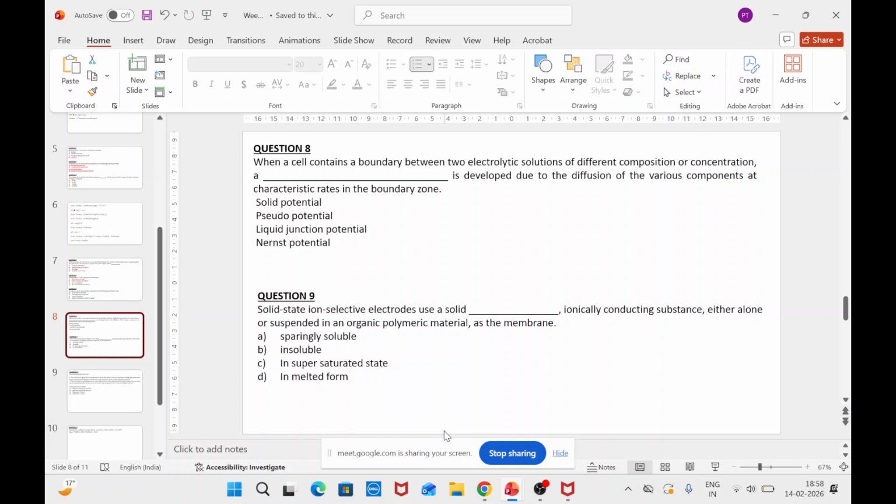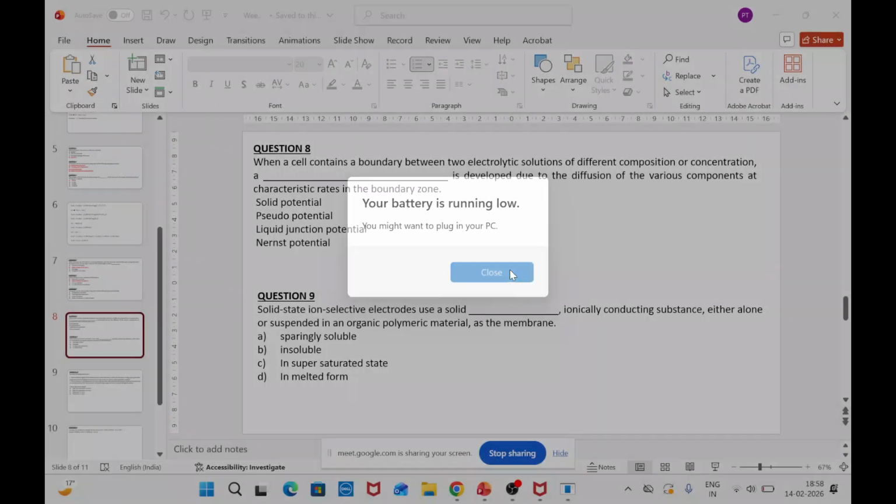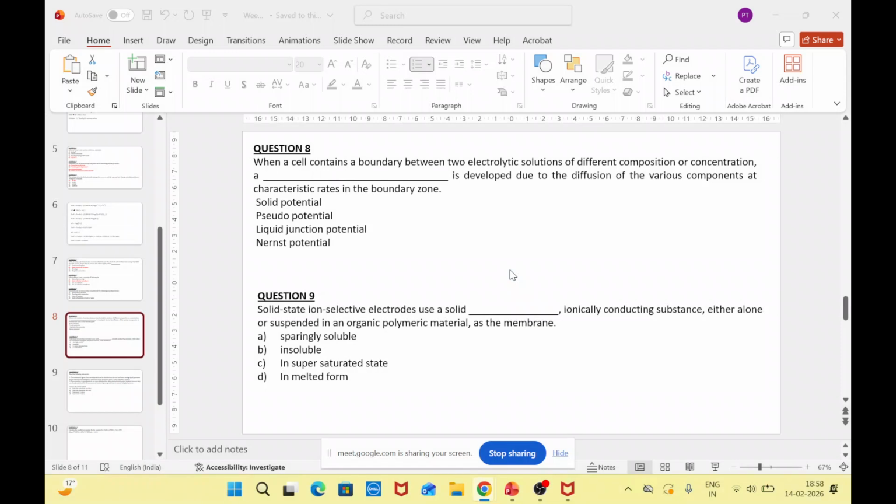And this liquid junction potential is the one that makes the result a little bit inaccurate, because even in the case of half cells where you have the salt bridge, electrolytes of different composition or concentration usually meet each other.